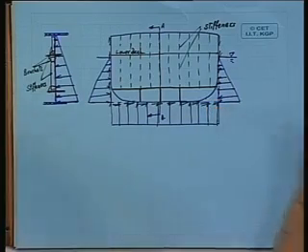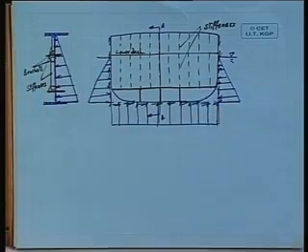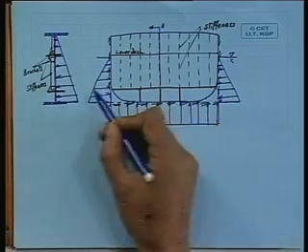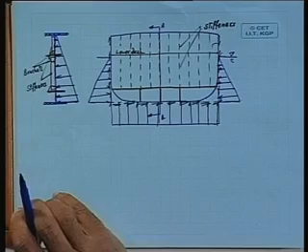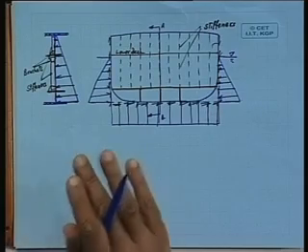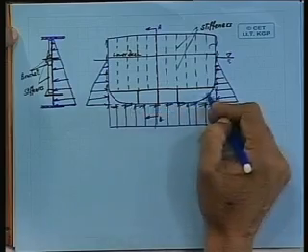So, you have two sets of forces, one is in plane force, another is out of plane force. So, these are in plane forces and this is the out of plane force. They are all acting simultaneously. Now, if we try to analyze them by any analytical method, then this shape will come in our way.